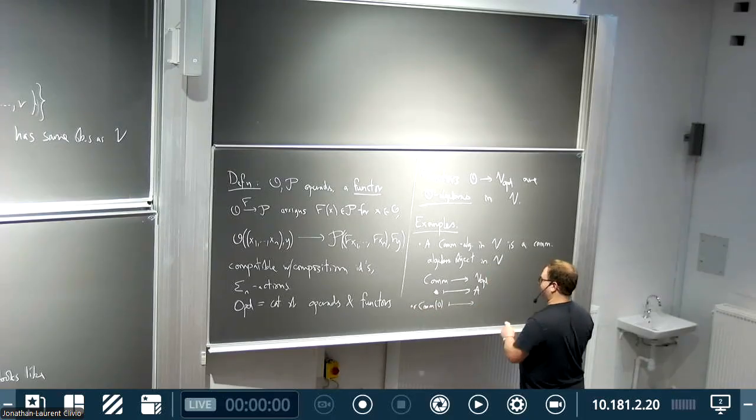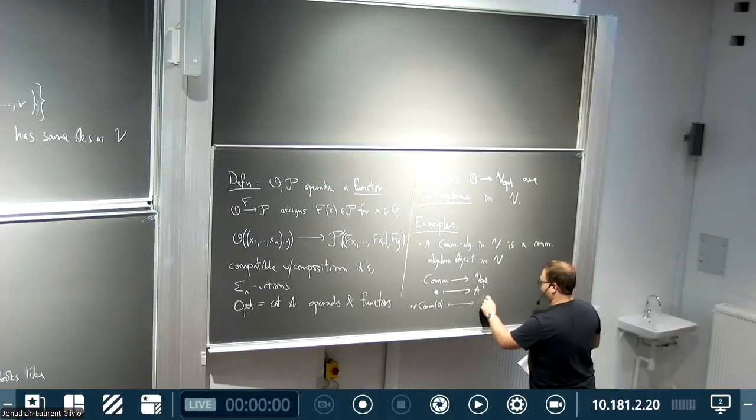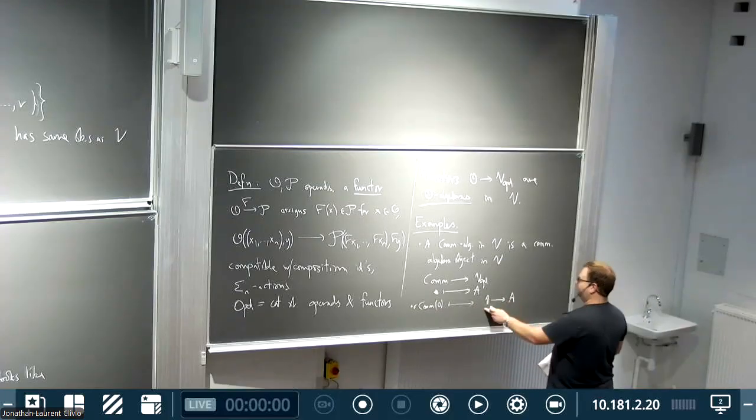That gives me a map from the empty tensor product, which is interpreted as the unit, so I have a map from the unit to A.